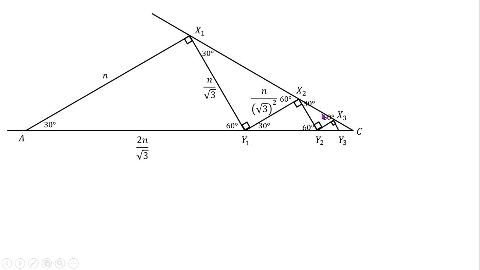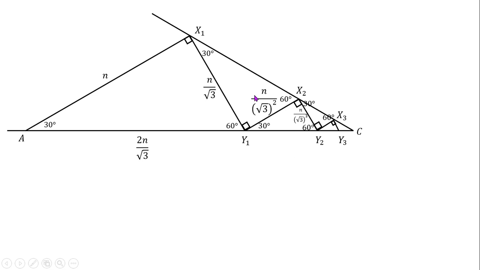Alright, let's apply the property again to this smaller right triangle, and take note this one is adjacent to the 30-degree angle, so the side that's opposite the 30-degree angle must be n over the cube of the square root of 3.